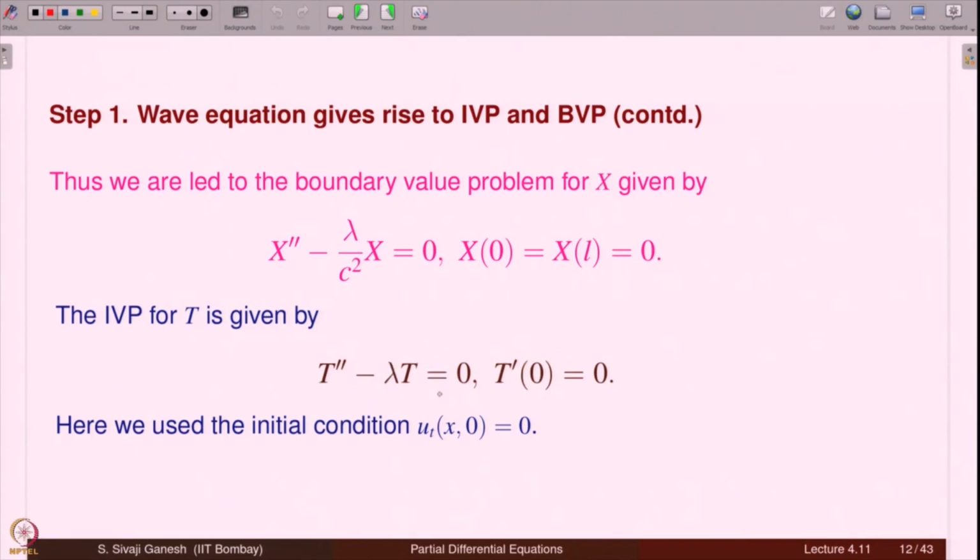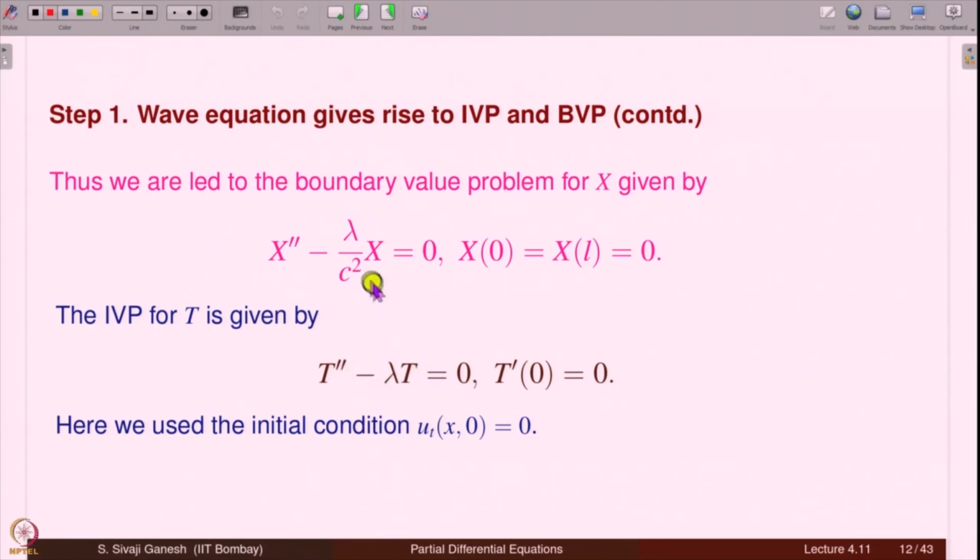So, if we had the function psi, we cannot even write T dash of 0 equal to 0. If psi was present, we can't get this initial condition, in which case we work with only this ODE. We do not consider any initial value problem because we do not get one.